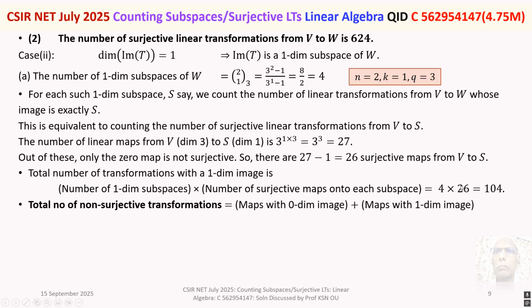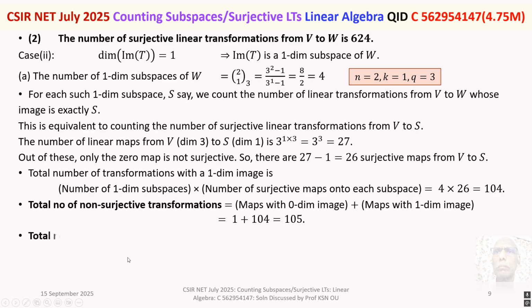For each S it is 26, and there are 4 S's. Therefore, 4 into 26 is 104. So the total number of non-surjective transformations, which we have already seen in the previous slide, is maps with 0-dimensional image, that is 1, plus maps with 1-dimensional image, that is 104, giving 105.